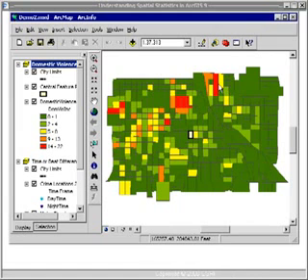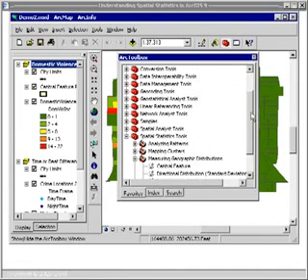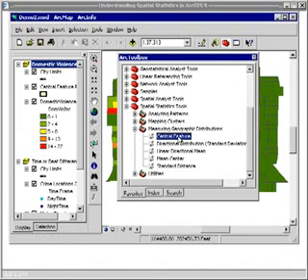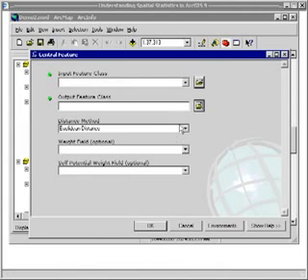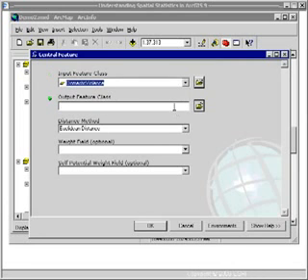Let's open the central feature tool. It's located in my Spatial Stats toolbox in the Measuring Geographic Distributions toolset. For this tool, for my input, I'm going to use the domestic violence layer. That's the census blocks that we were just looking at.